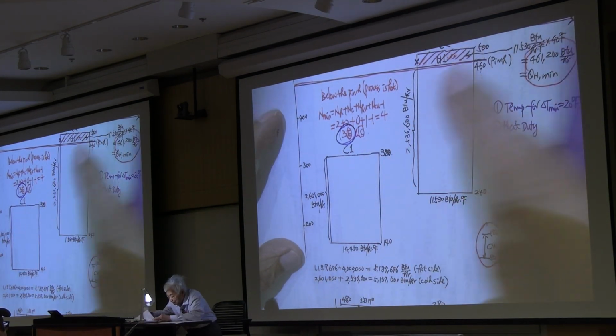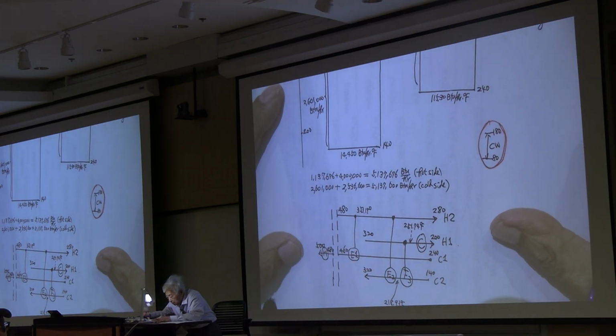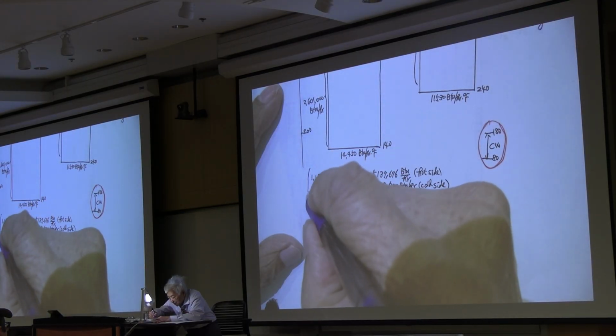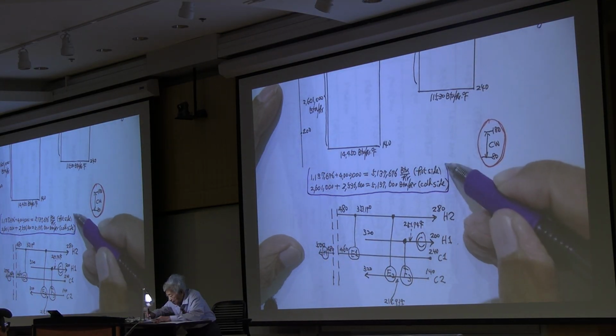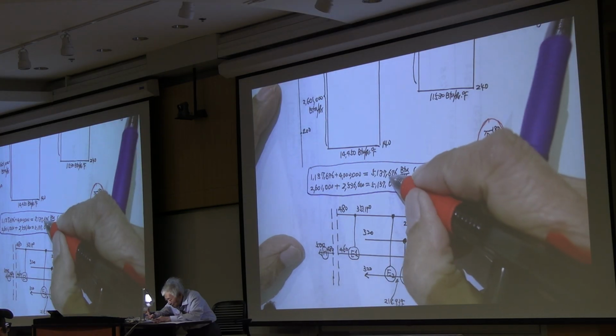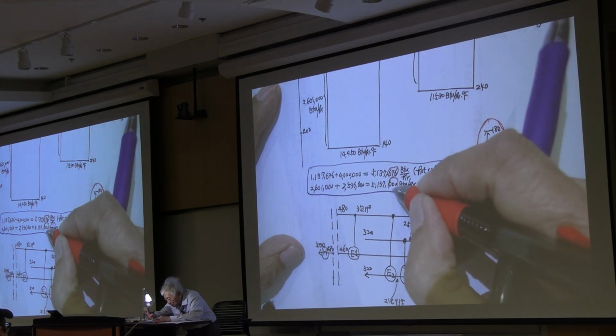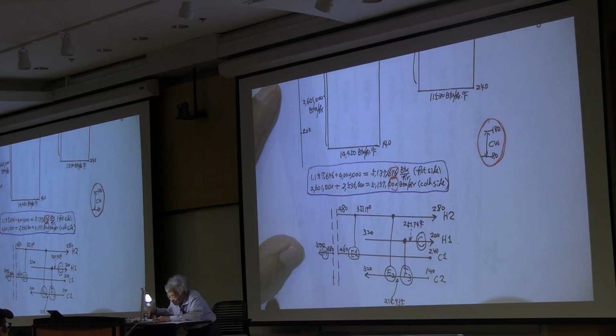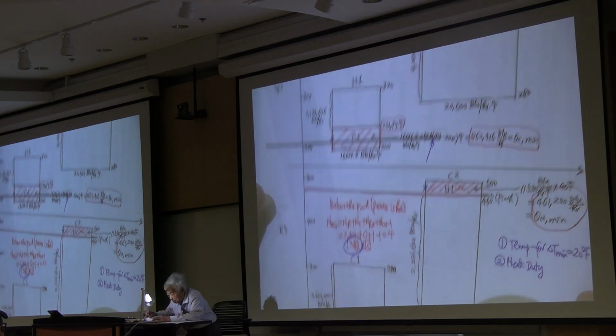You calculate them. So you check on the hot side and cold side. The sum, 676,600 is okay. Close enough.